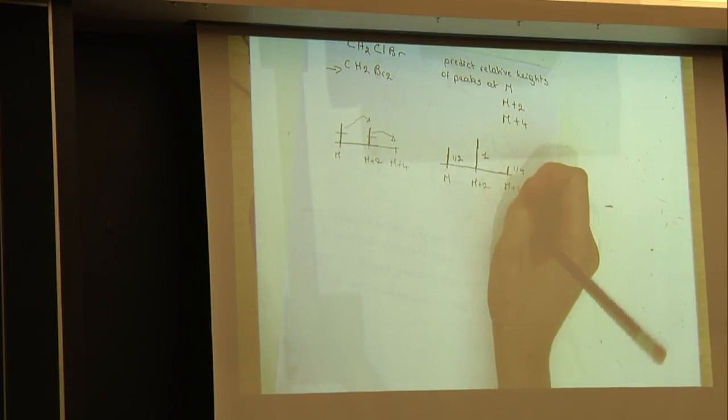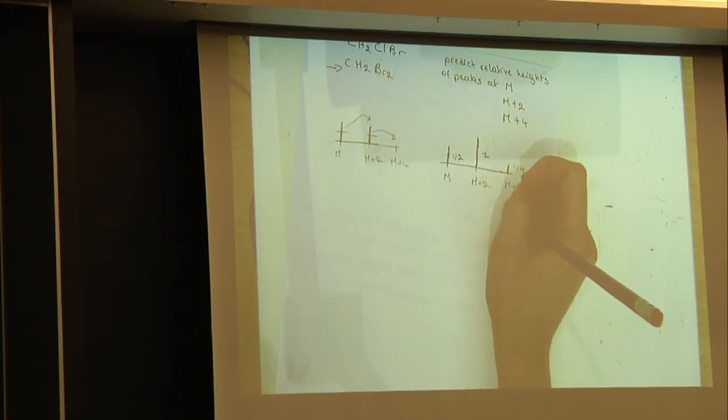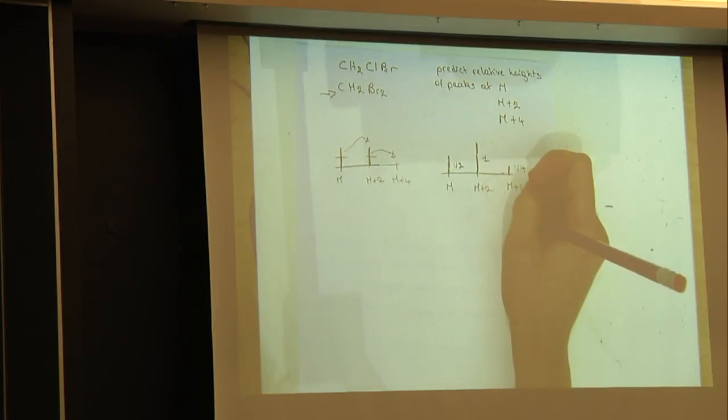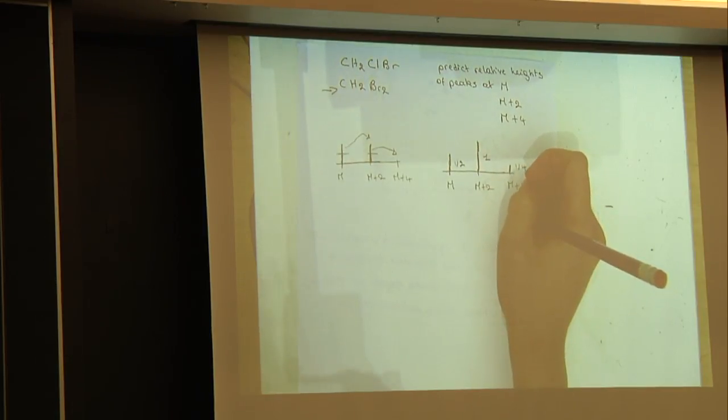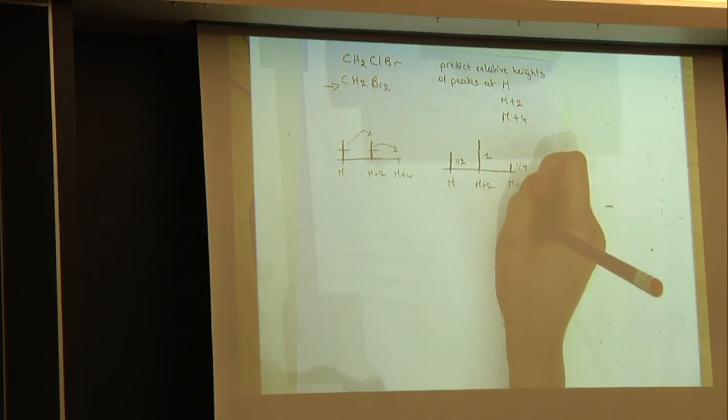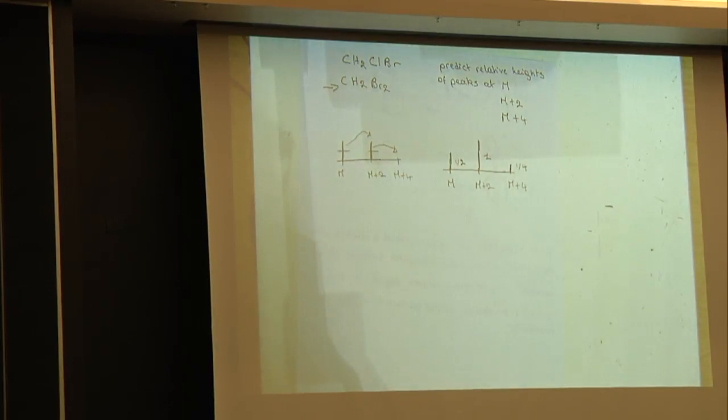Aren't we supposed to know that there's this many bromines with 79 and 81? Yeah, I would remember it. It was covered in the chapter, in the NMR chapter.